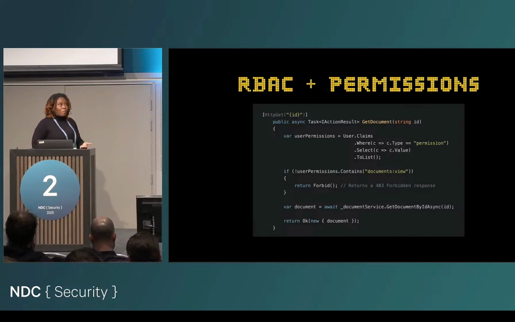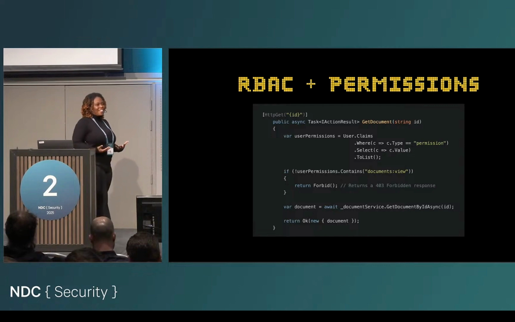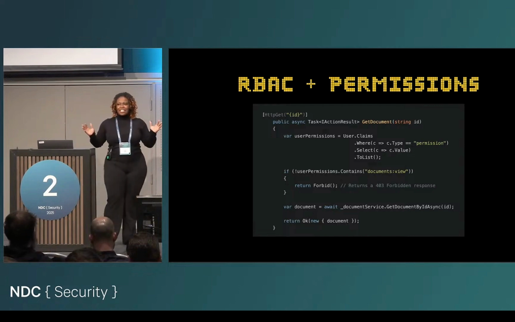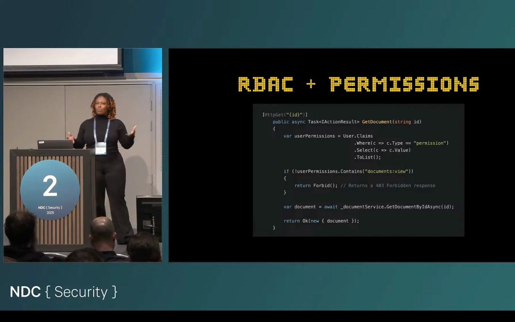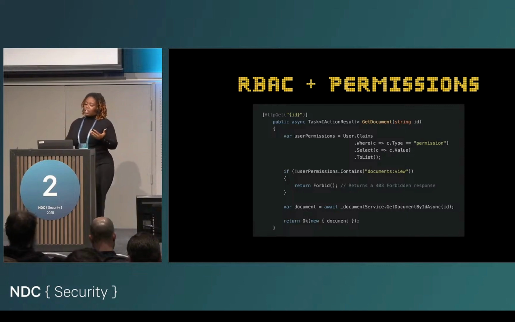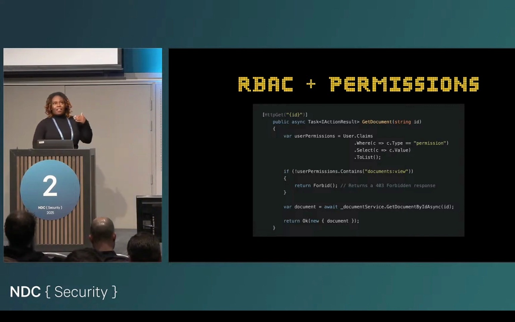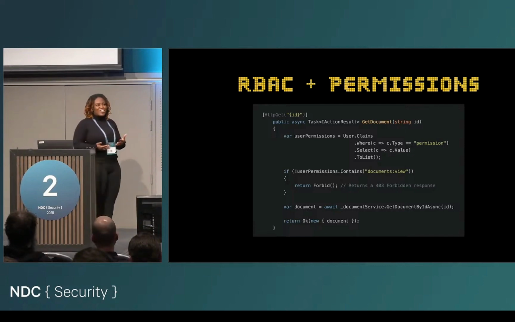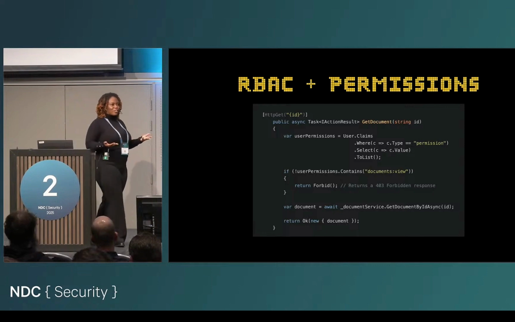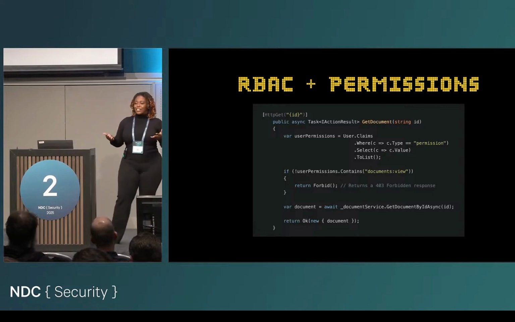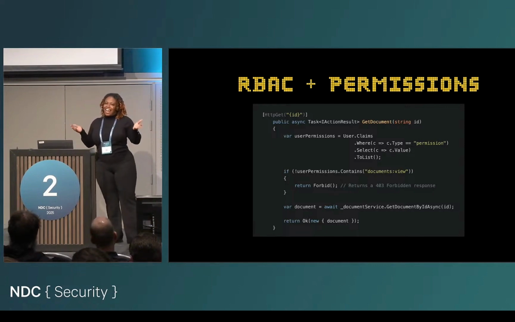In general, RBAC is good for things like granting broad access to resources that won't change much. Examples of this can include all managers can approve all expense reports, or all engineers can have access to all servers, et cetera, but that's not generally the case in most of our systems, right?